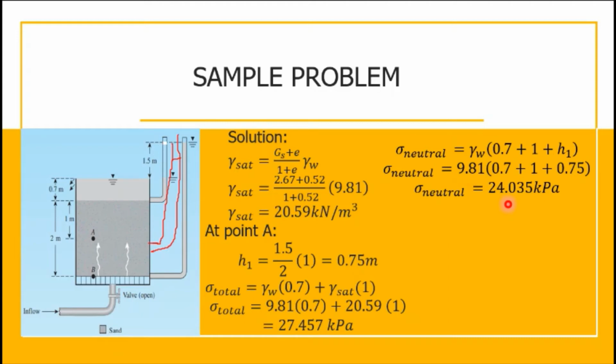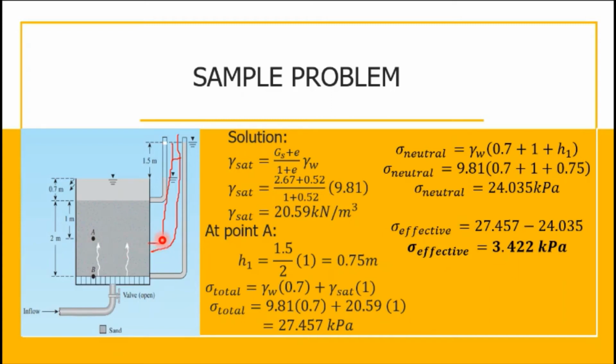In order for us to get the effective stress at point A, we know that the effective stress is equal to the total stress minus the neutral stress. Therefore, 27.457 minus 24.035 is equal to 3.422 kPa or kilonewton per square meter. So that would be the effective stress at point A.